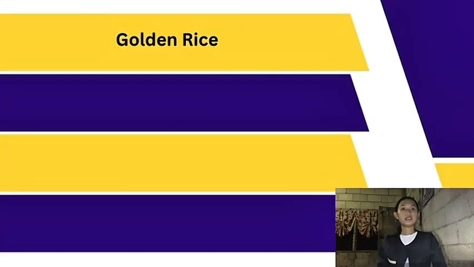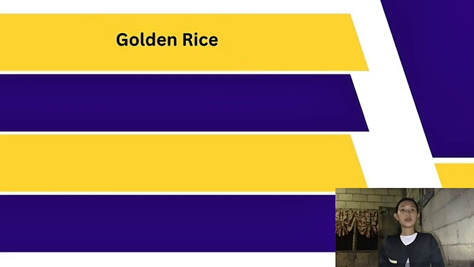Golden rice is genetically modified to have high levels of beta-carotene, which can be converted into vitamin A. Vitamin A deficiency is an important public health concern in the Philippines, as it predisposes one to loss of vision and reduced immunity, particularly among children and pregnant women.